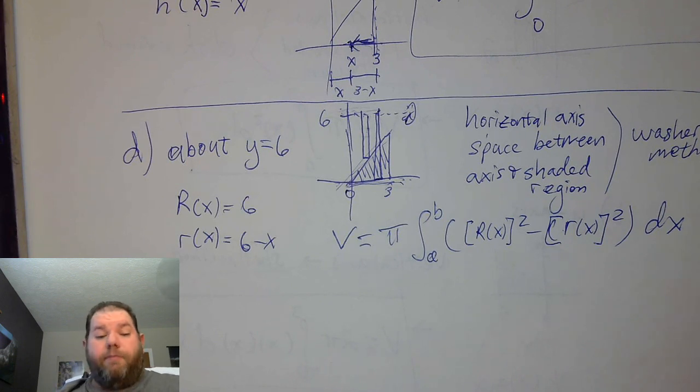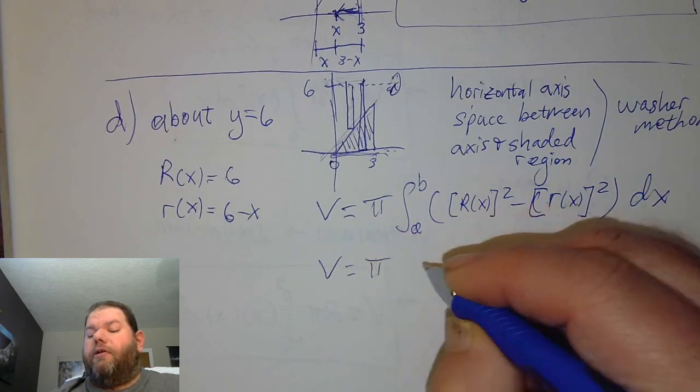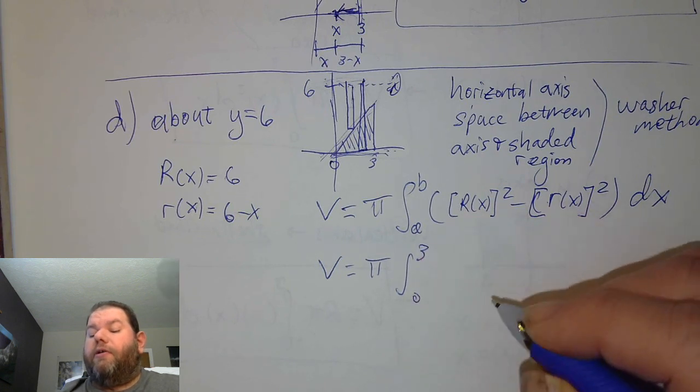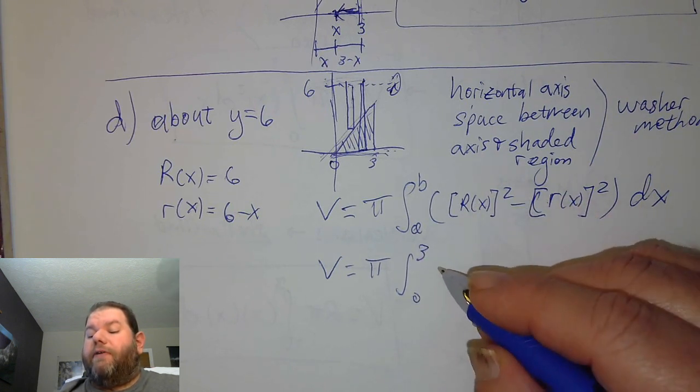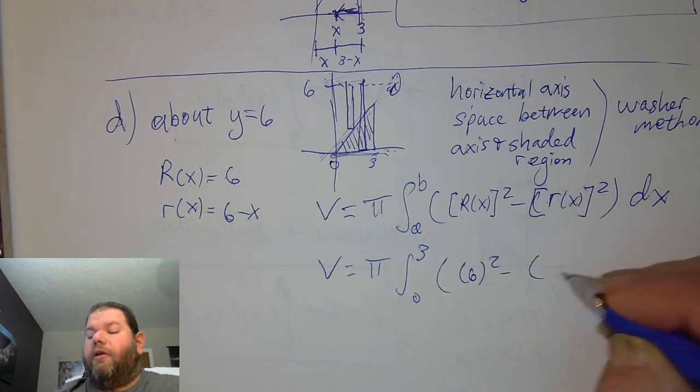So from there, we just plug in what we found. We found that our limits of integration are still 0 to 3. Capital R of x is 6. And little r of x is 6 minus x.